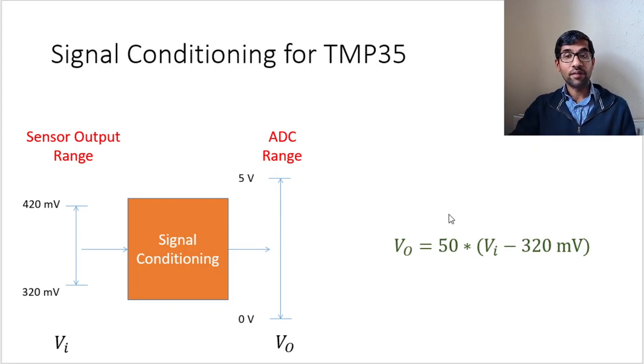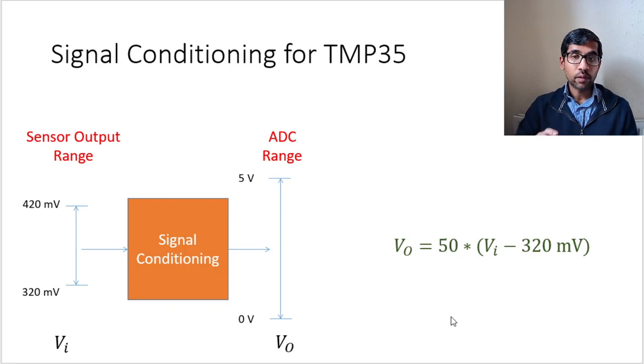And if you just assume a linear mapping, you get an equation like this. So output voltage is equal to 50 times the input voltage minus 320 millivolts. Okay, and you can build a circuit to do this, right? You need to make a subtractor and take away 320 millivolts and then put a gain of 50 to the output of that subtractor.